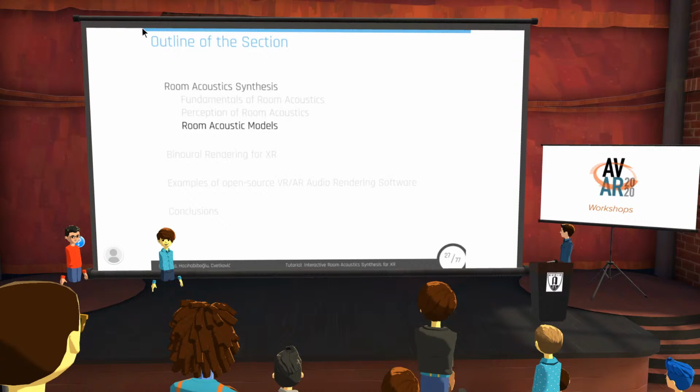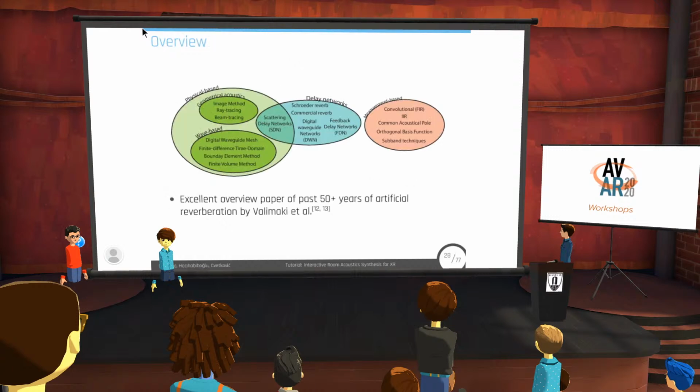Okay, so let's move on now to starting with an overview of the different room acoustic models that are available. We don't have nearly enough time to give a clear idea about every model that has been developed over the past 50 more years. But I can refer you to two papers by Vesa Välimäki and others in 12 and 13.